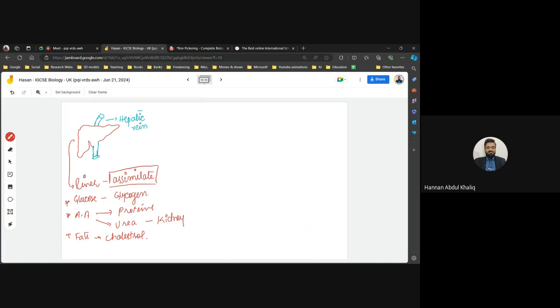Take alcohol: when it is absorbed in the intestine, it enters the liver, and it becomes very dangerous because it is a very strong oxidizing agent, causing damage in the liver, enlargement, and death of the liver cells. So this is assimilation.